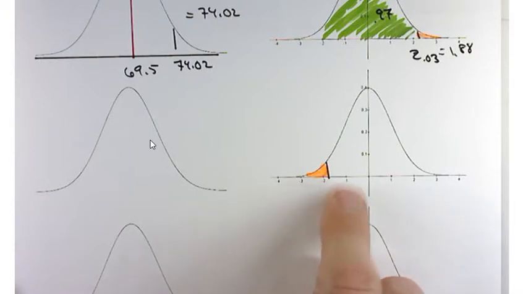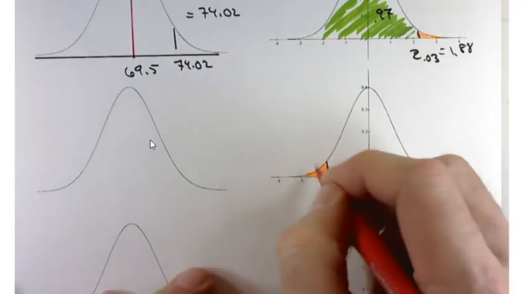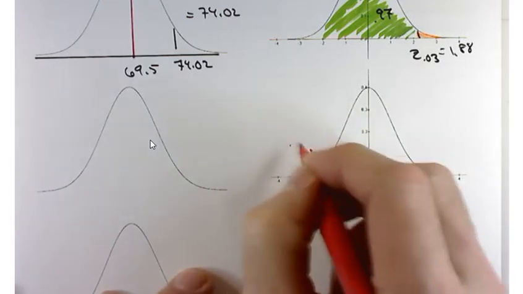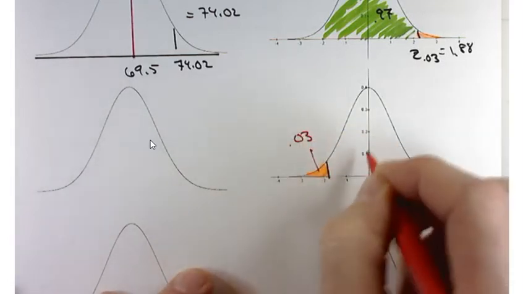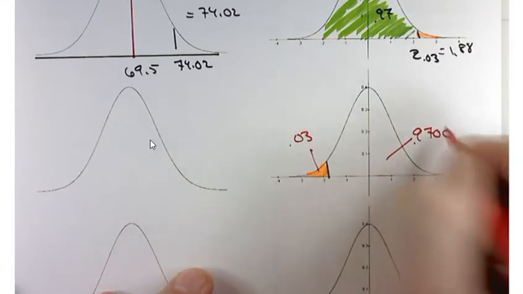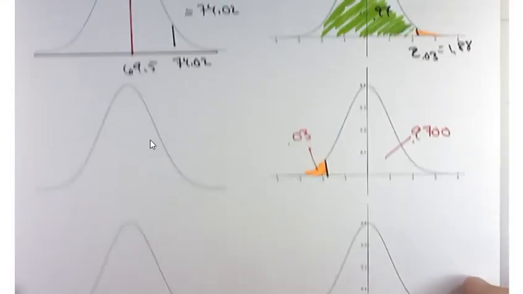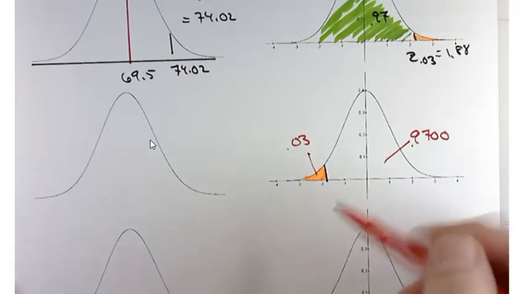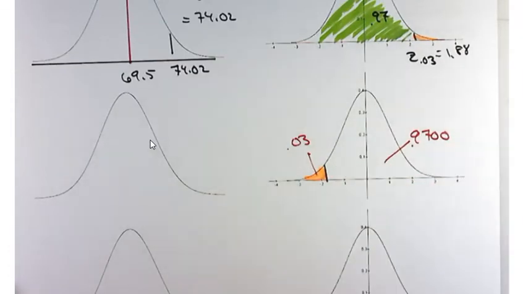What's that value going to be over here? All right, so this is going to be 3% of the area here, 97% here. If you had to, you look in the z table, on the negative z table, for something close to 0.03.